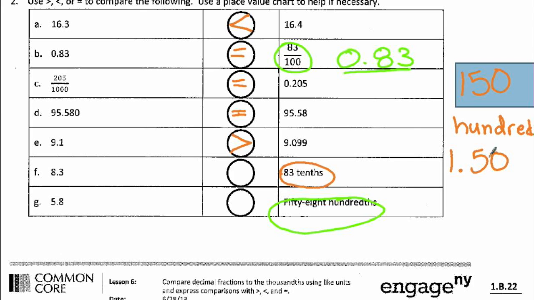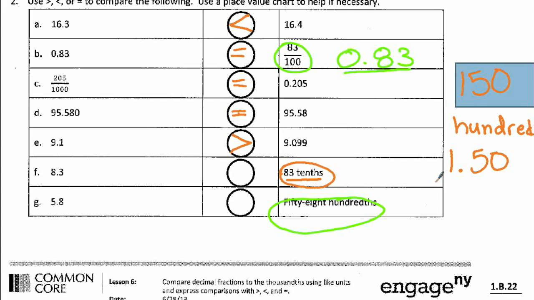So in this case, if I have 83 tenths, what do I have? Think about it like dimes. How many dimes make up a dollar? 10 dimes.